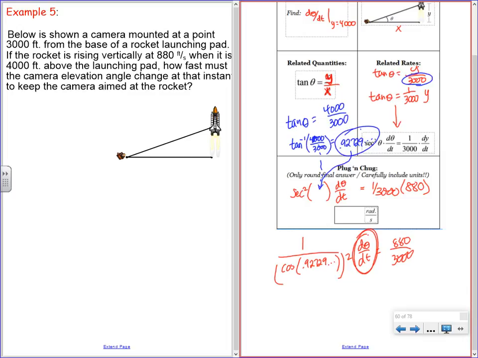Multiply it up. And we should end up with, if we do it correctly, 80 divided by 3,000 times parenthesis cosine of, I'm just going to go ahead and do tangent inverse of 4 over 3, so I don't have any rounding error, but you guys might have already done that. Close all those parentheses, square that little baby cosine, and say 0.1056, meaning 0.106.